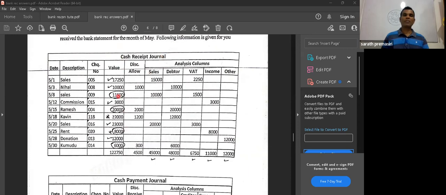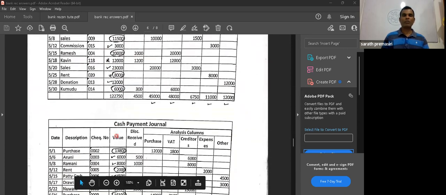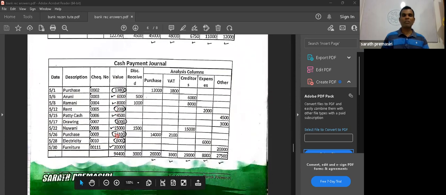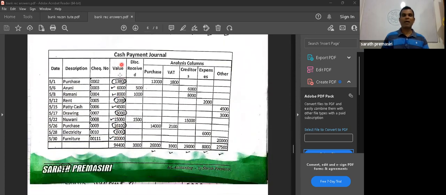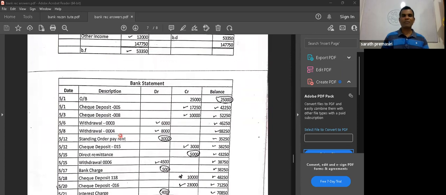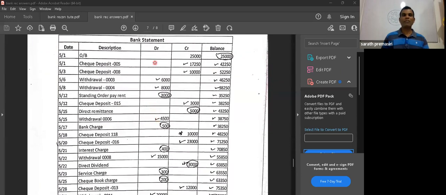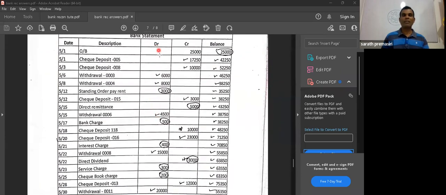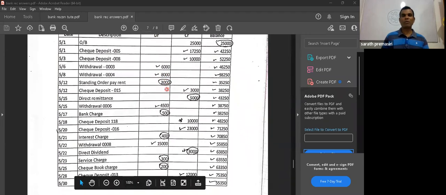As far as the cash receipt journal is concerned, all these items have been treated as unrealized checks. With regard to the cash payment journal, we have considered all these items as unpresented checks. Now there are some items which have not been tallied on the debit side. See whether these values are okay for you.